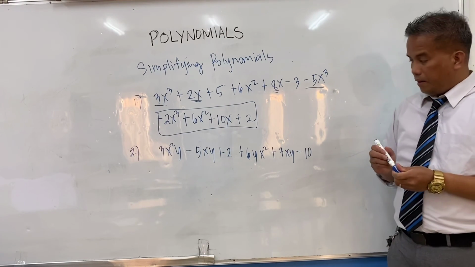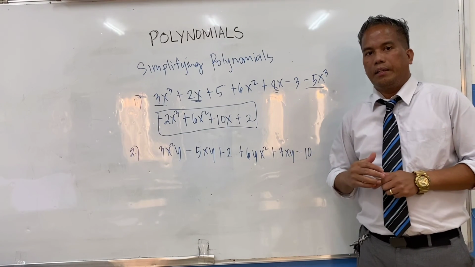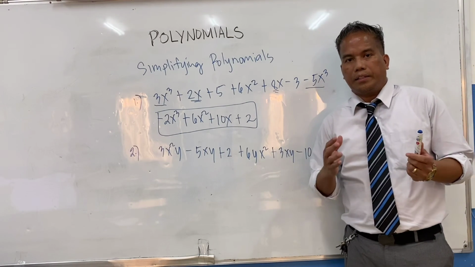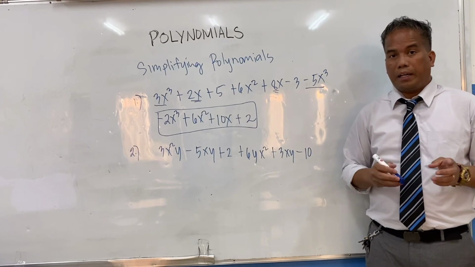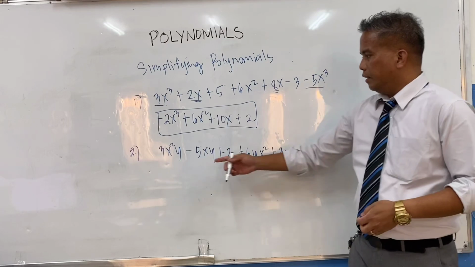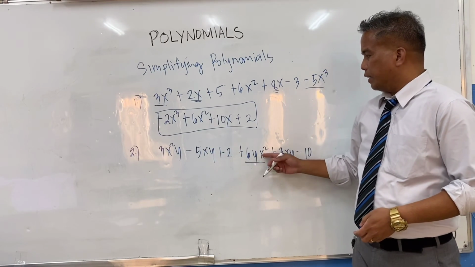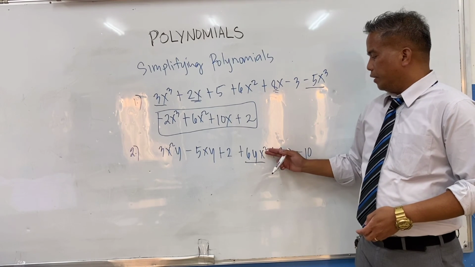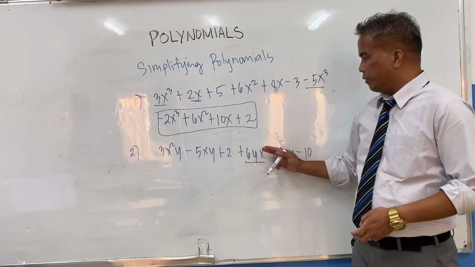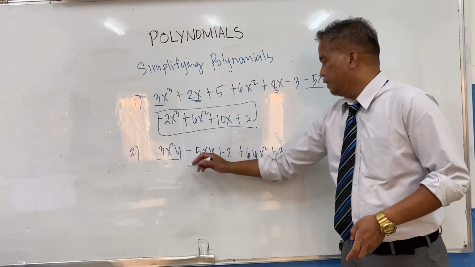Now, first check, sometimes the terms are not properly arranged, like 3x squared y, then 6yx squared. But if you observe the exponents of the variables, we have x squared, we have x squared, y and y. So we can combine these.